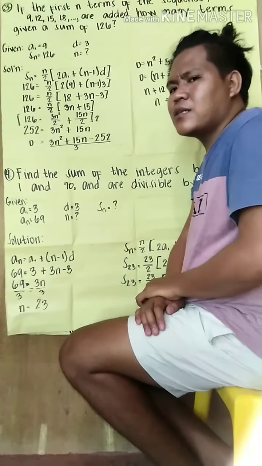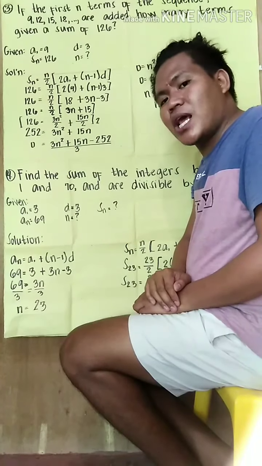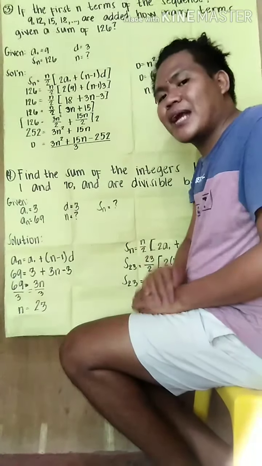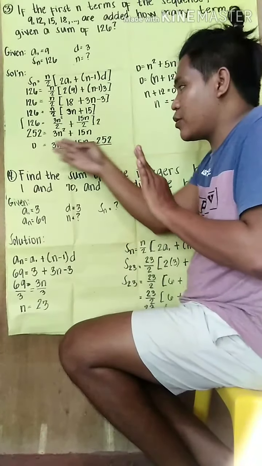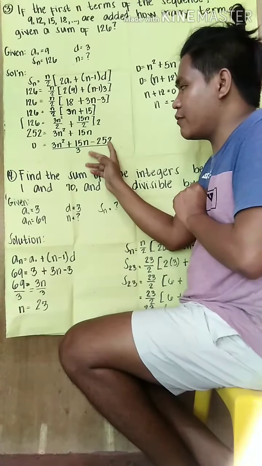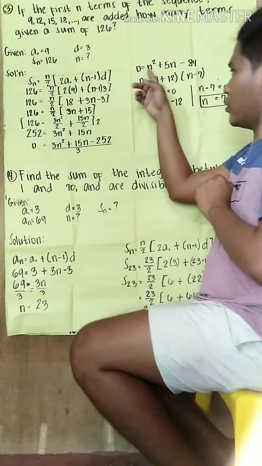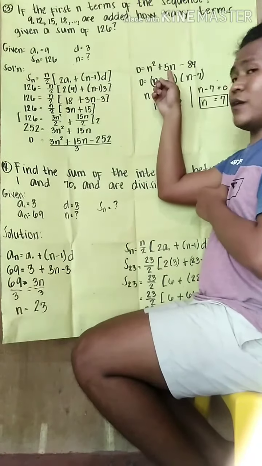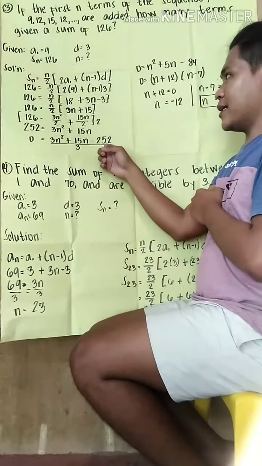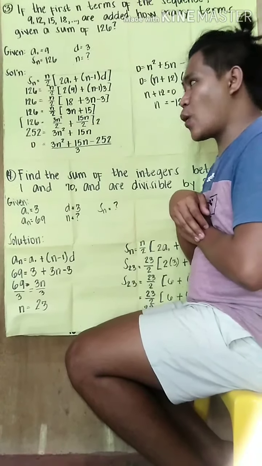And since all our terms are divisible by 3, we can simplify our answer by dividing these terms by 3. 3n squared divided by 3 is equal to n squared. 15n divided by 3 is equal to 5n. Negative 252 divided by 3 is equal to negative 84.